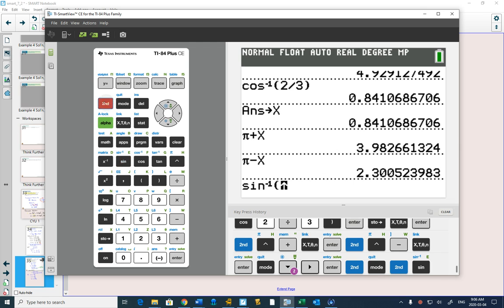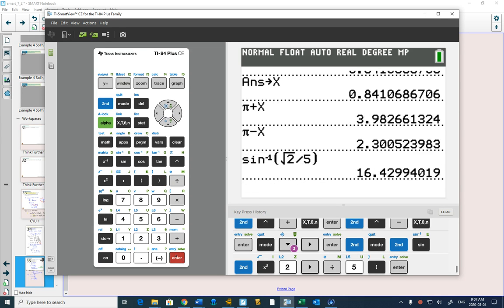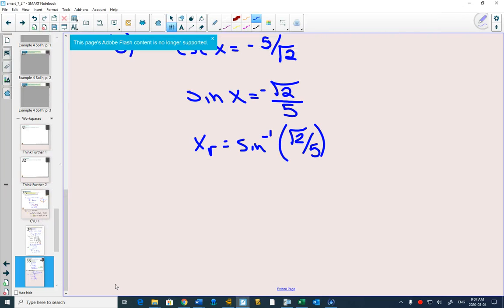Sine inverse of root 2 divided by 5. We get a reference angle of 16.4 degrees. What did it want us to do? To the nearest degree, it says. So rounded to the nearest degree is 16 degrees.